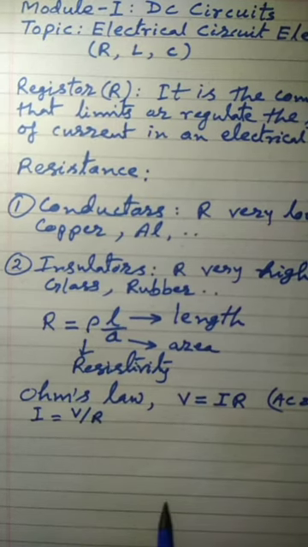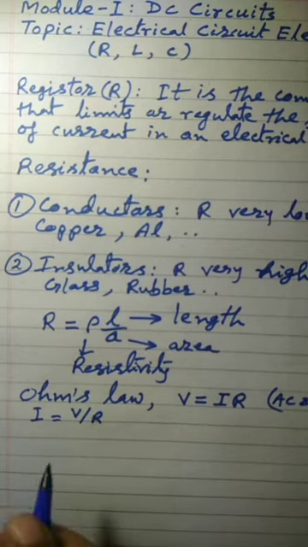Now a resistor is a circuit component that cannot store electrical energy like a capacitor and inductor, which will be discussed later. But when the current flows through a resistor, the electrical energy is converted to heat energy in the resistor, and this can be represented by the power and energy formulas of the circuit.